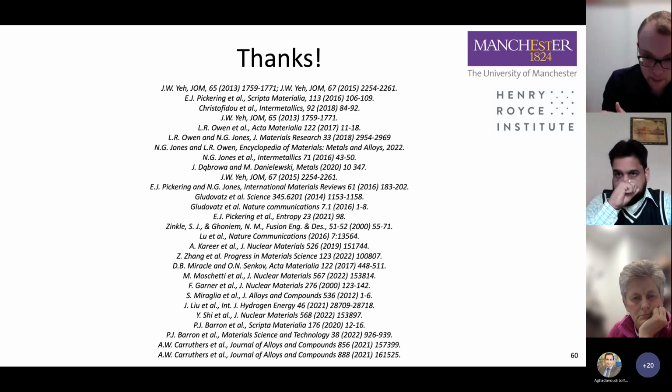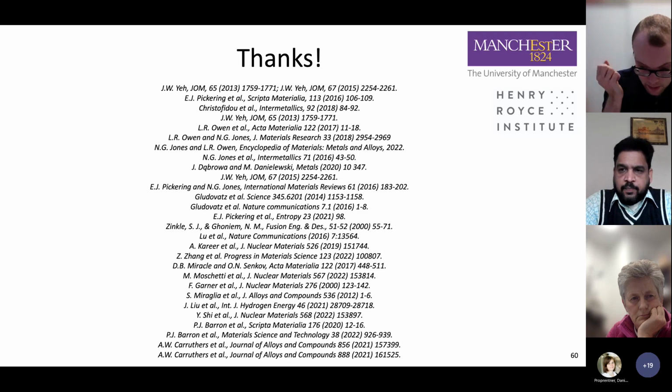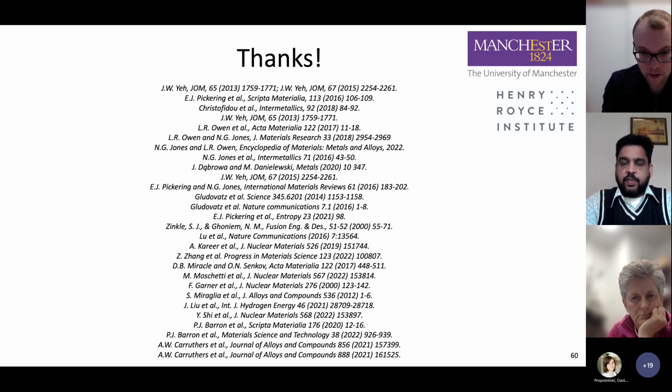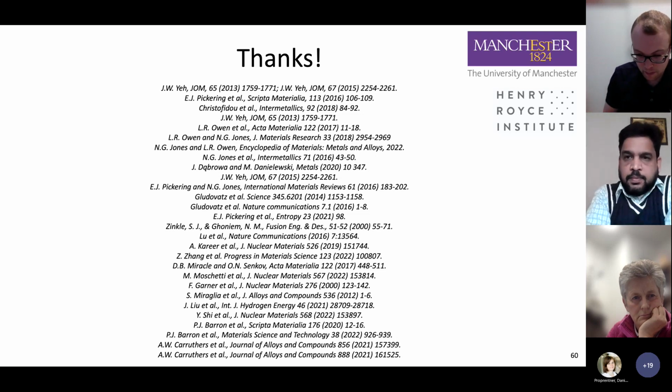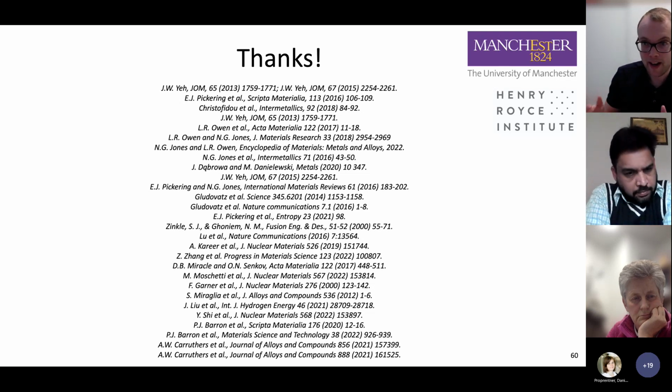But there are examples, and the interstitial one that you raised is a real critical one, where people have measured the properties of refractory high-entropy alloys and come up with different answers for nominally the same compositions, and this is almost certainly due to changes in interstitial concentration.